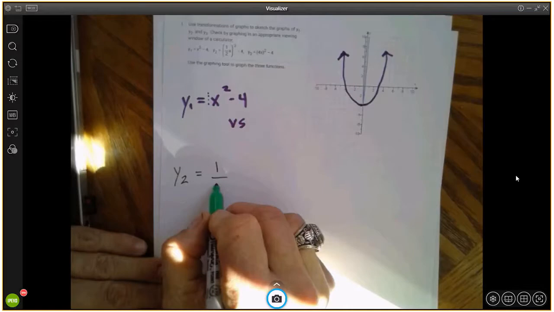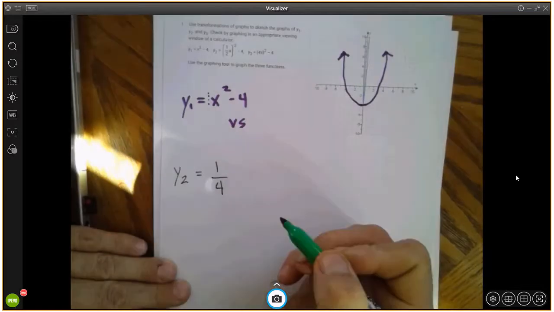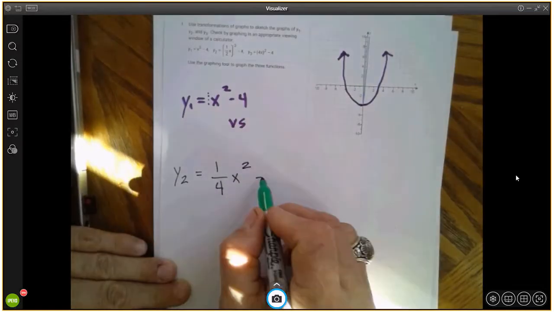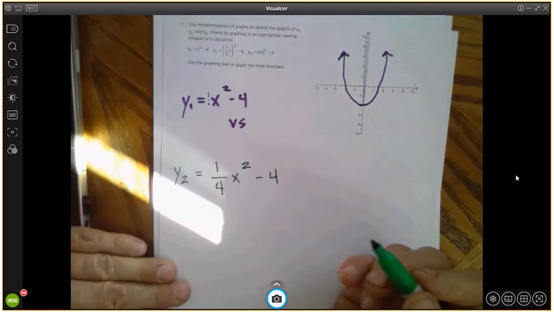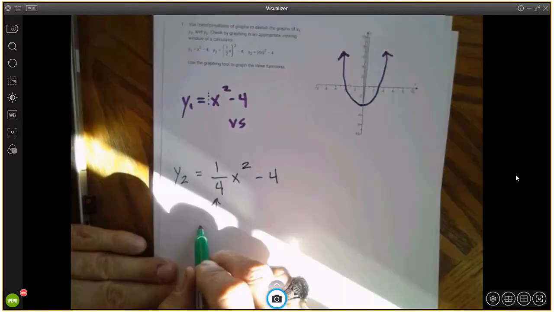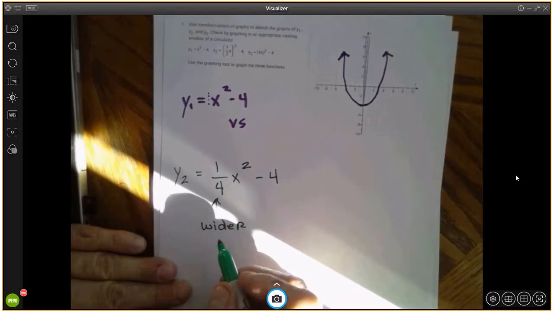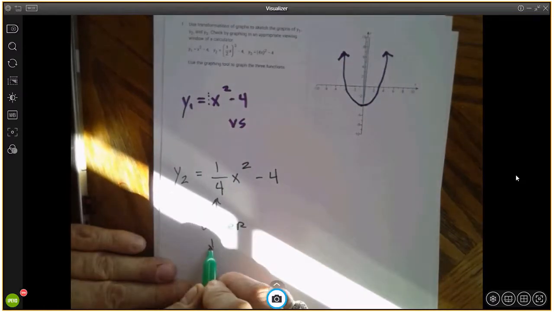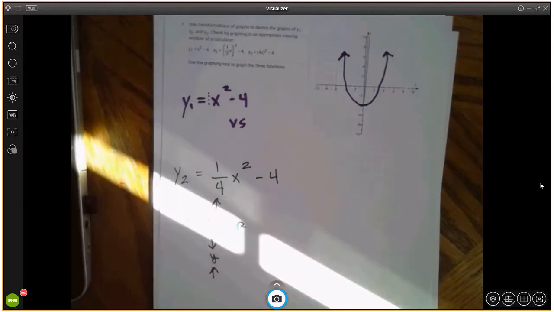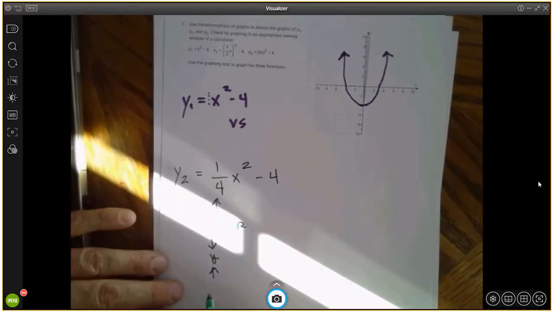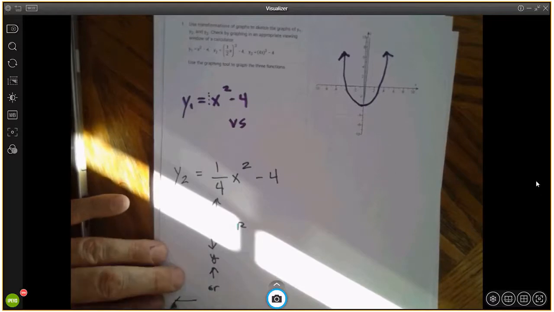The second one says y sub 2 is equal to, first of all, I'm not going to write it like that because that's not the way you write it. 1/4, because 1/2 squared is 1/4, and then x squared minus 4. Here we have a coefficient of 1/4. That means it's going to be wider. That means it is compressed along the y-axis, like pressing vertically up and down on a balloon, or stretched on the x-axis.